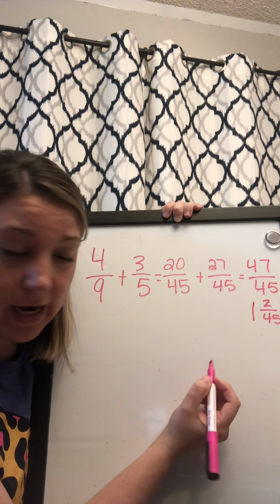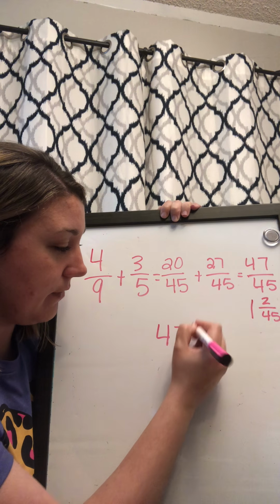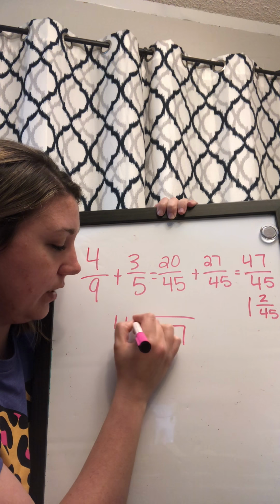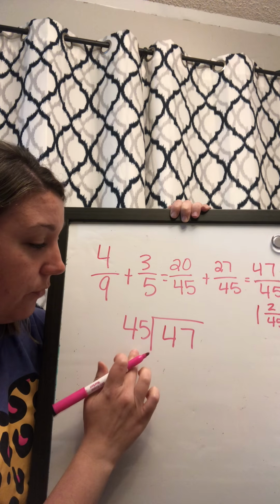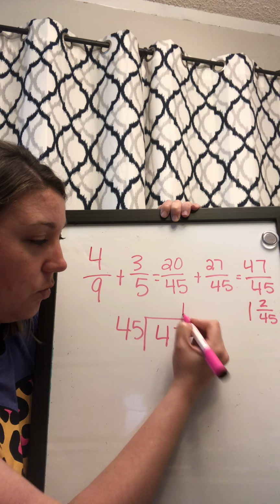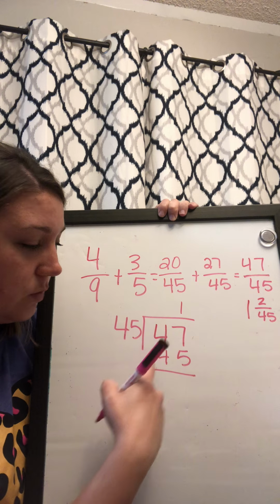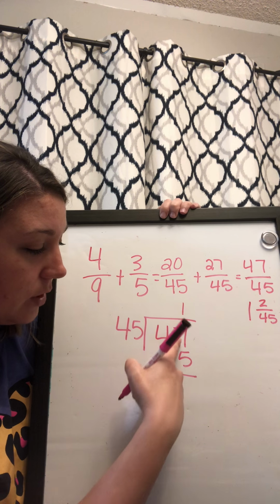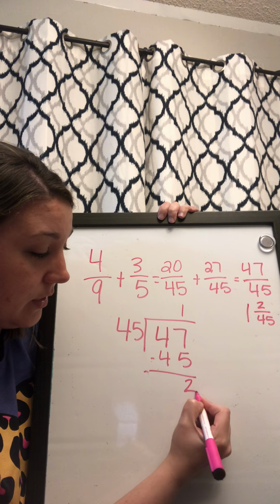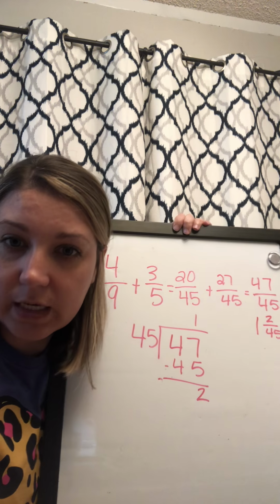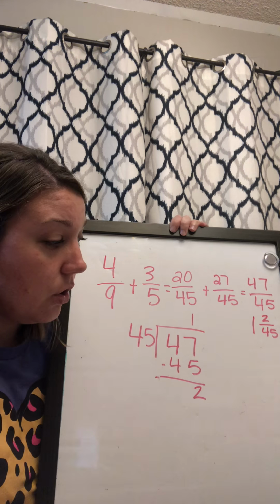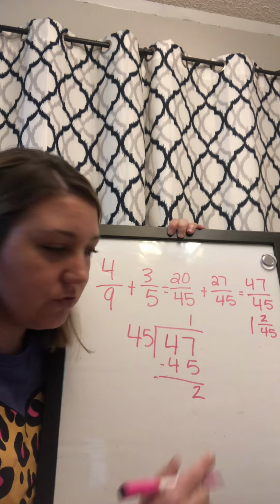But if it does not come to you that quickly, then just remember that this fraction bar means to divide. So we're going to do 47 divided by 45. Okay, 45 can go into 47 once. 45 times 1 is 45. We're going to subtract. 47 minus 45 is 2. Now, when we're working with fractions, a lot of us have a habit of just popping this 2 up here with a decimal. That is not what we do.